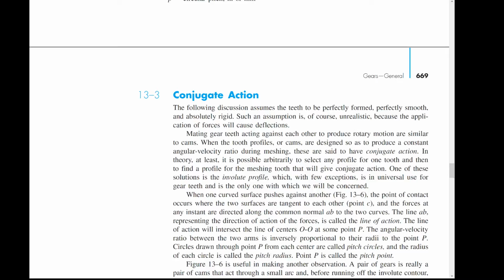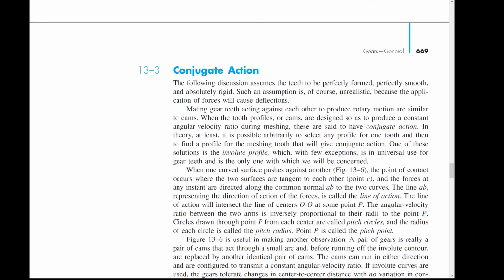In theory, at least, it is possible arbitrarily to select any profile for one tooth and then to find a profile for the meshing tooth that will give conjugate action. One of these solutions is the involute profile, which, with few exceptions, is in universal use for gear teeth and is the only one with which we will be concerned.